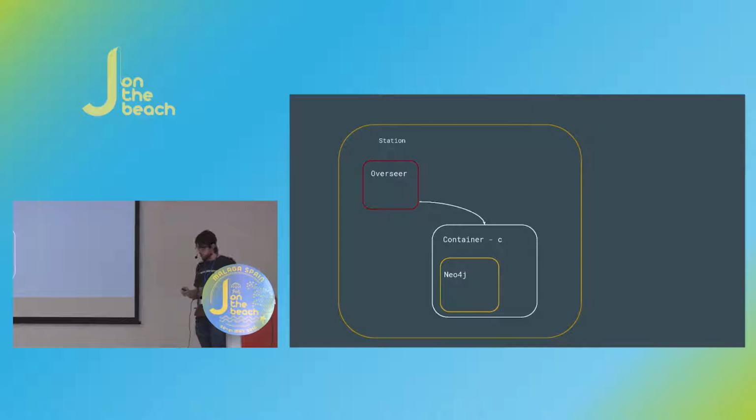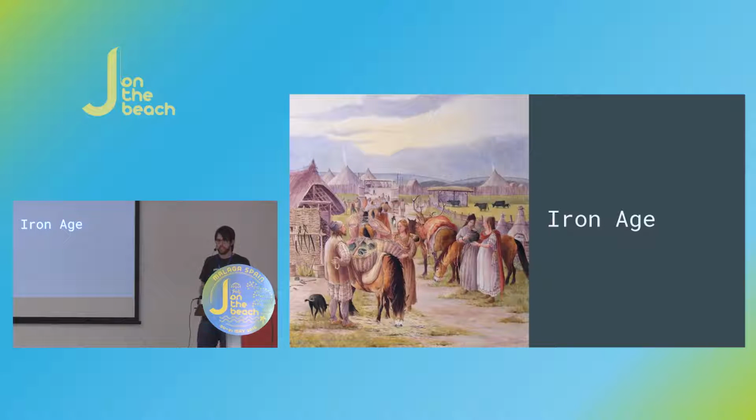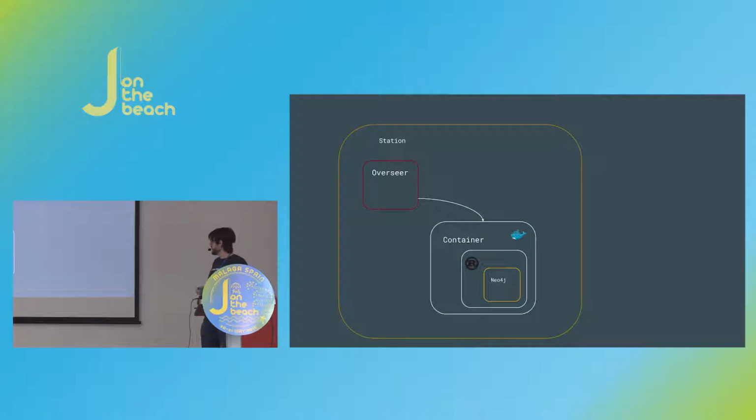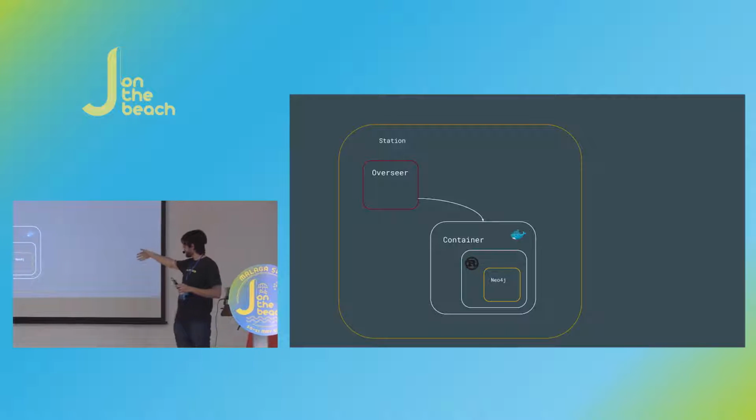Okay, so we evolved this architecture to the Iron Age, that is the age that we are now. And this is how a station looks nowadays. Okay, we still have this agent, this overseer, that still monitors the database and does some stuff around the database, but we have evolved and we started using Docker.